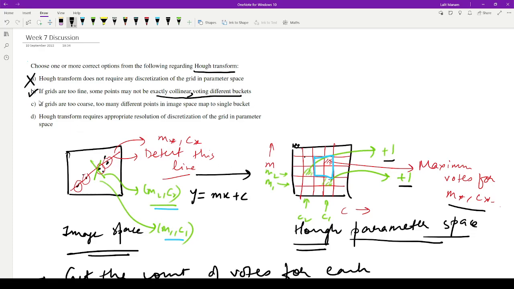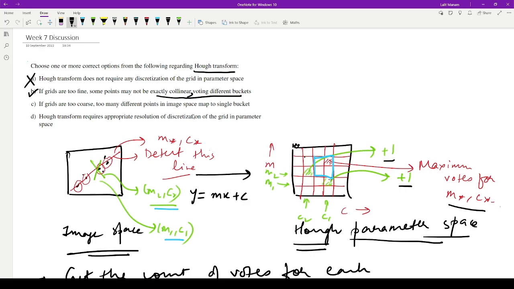So this is correct. If the grid is too coarse, that means the discretization width is pretty large, then there are too many different points in image space mapping to a single bucket. Again, you might not want that if there are multiple lines to detect, right?